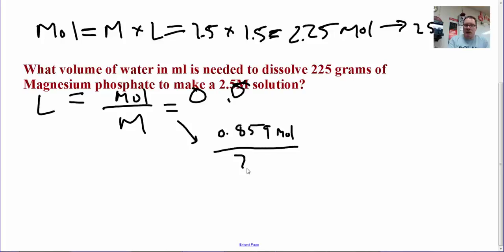And then my molarity is 2.5. This will tell me my liters, which turns out to be 0.344.